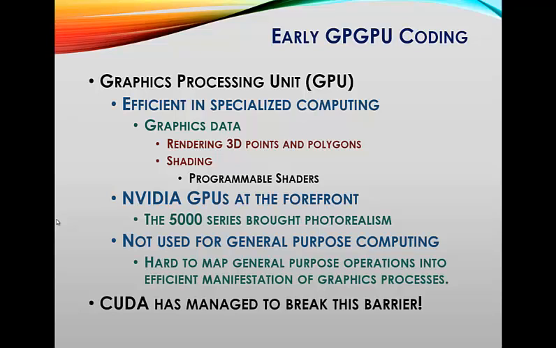When you take a look at NVIDIA's series, as early as the NVIDIA 5000 series cards, you would see photorealistic examples of graphics rendering that were meant to show the massive power of graphics cards and what can be achieved by utilizing the specialization in terms of processing of your graphics processing units.